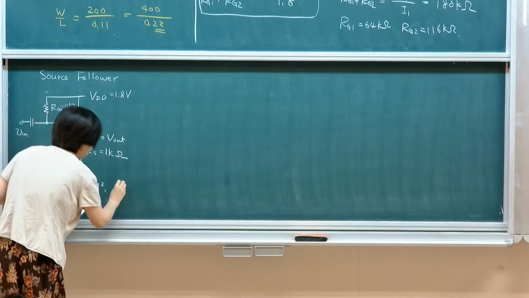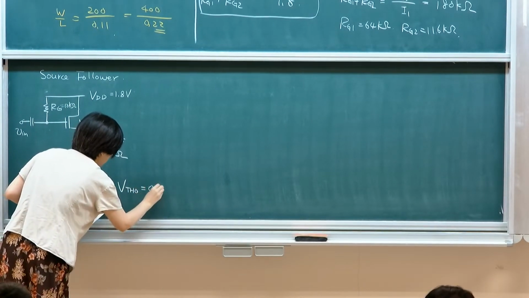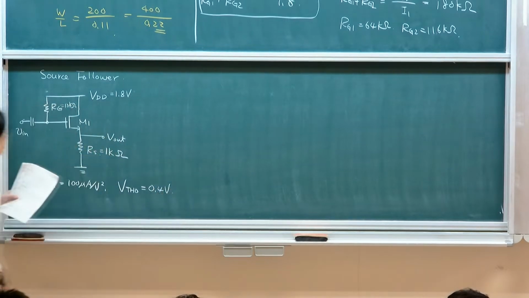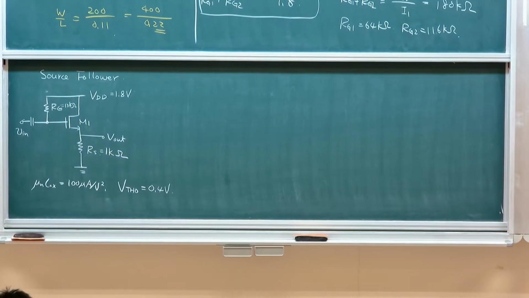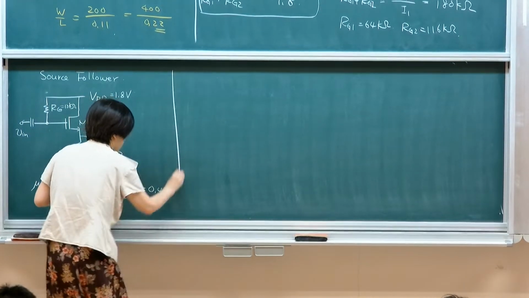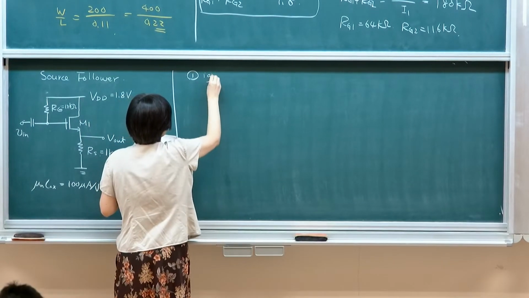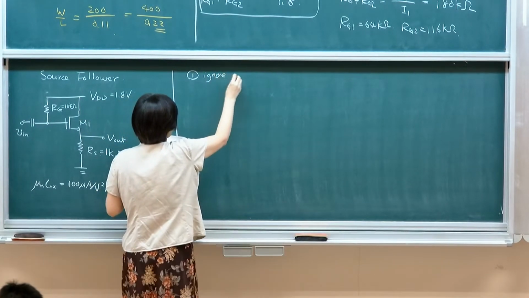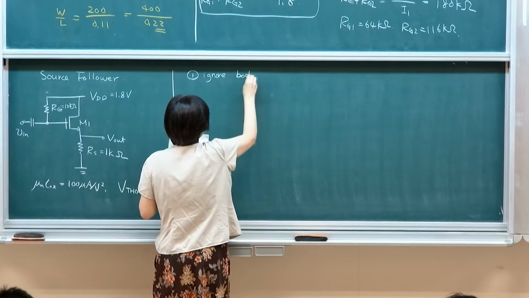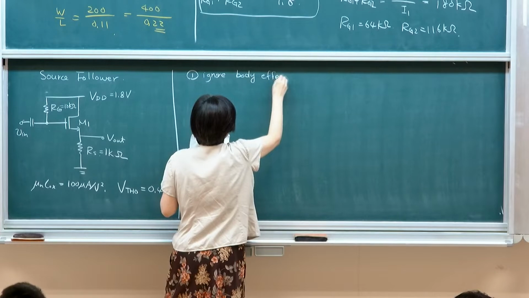And VTH0, meaning that at zero body bias, it's 0.4. So first of all, let's ignore body effect. I'm going to introduce the body effect coefficient when we include it.